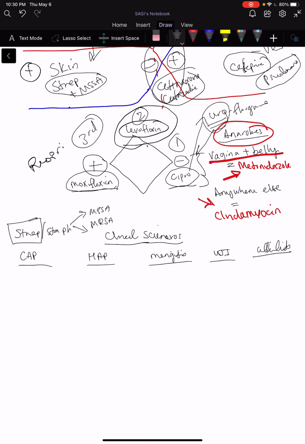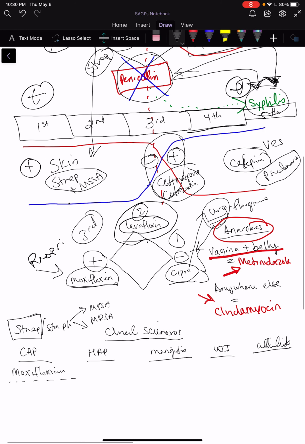And so from the fluoroquinolones, the respiratory quinolone is the one that you'll most likely reach for. The guidelines specify moxifloxacin, which can be used on its own, or which one of the cephalosporins can we use? We're looking for gram-positive coverage.